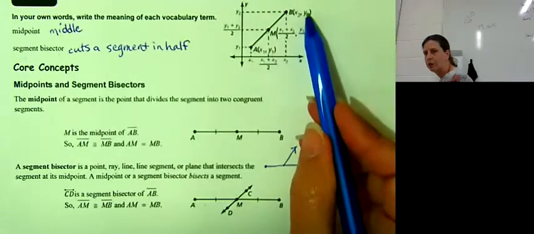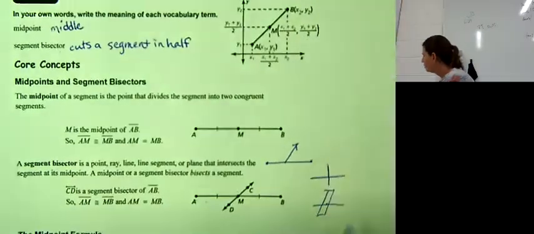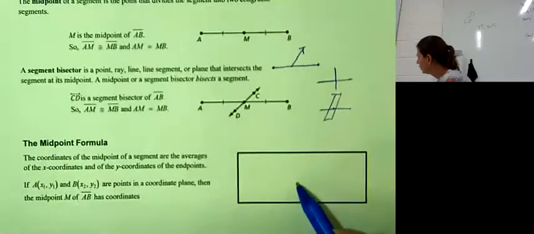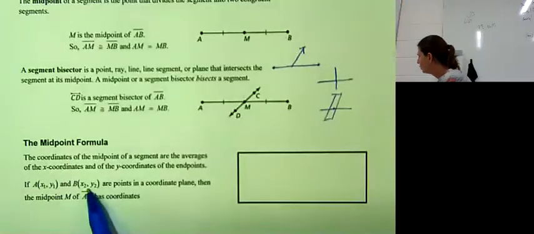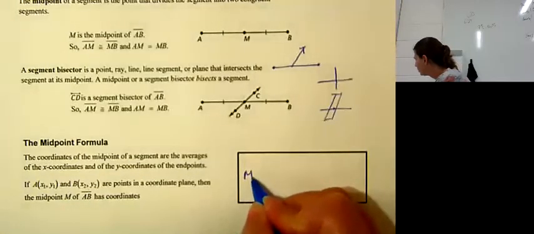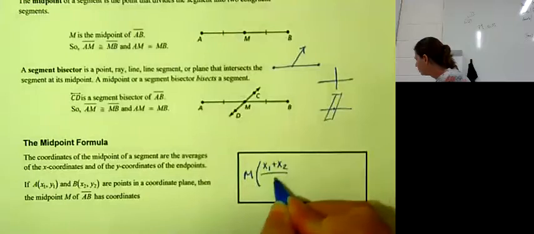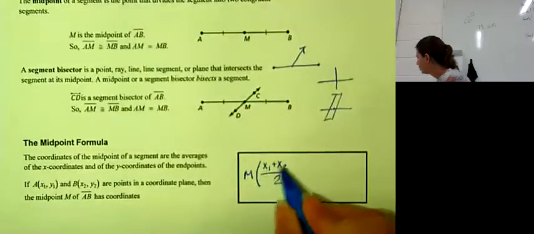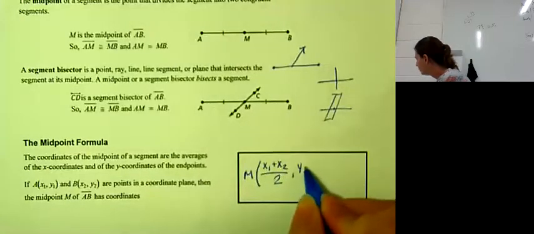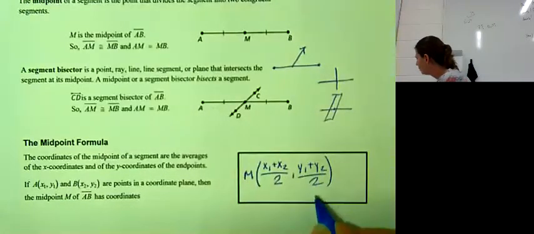And the y coordinate is when we take our y coordinates of our endpoints and we add them together and divide by 2. So the midpoint formula is anytime you're given two endpoints, this time we're just calling them A and B. Our midpoint is when we find the average of our two x's. So since there's 2 points, we divide by 2, and the average of our two y's. So we take our y values and divide by 2.